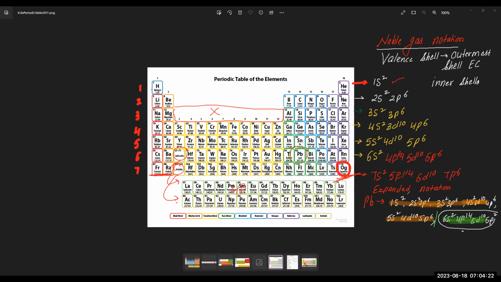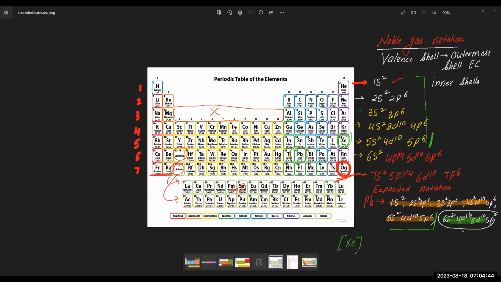Inner shell represents xenon. See, this one is up to this. So the inner shell is xenon here, the noble gas before that element, xenon, for lead. So you start from here. Put xenon in square brackets.